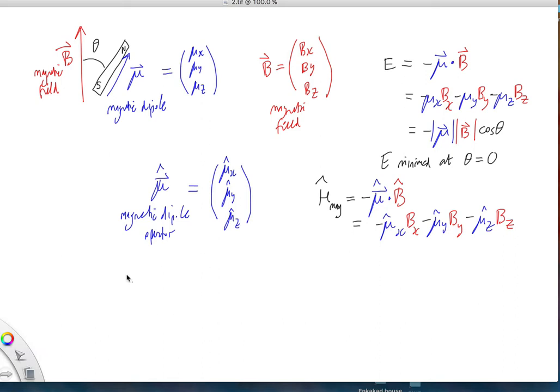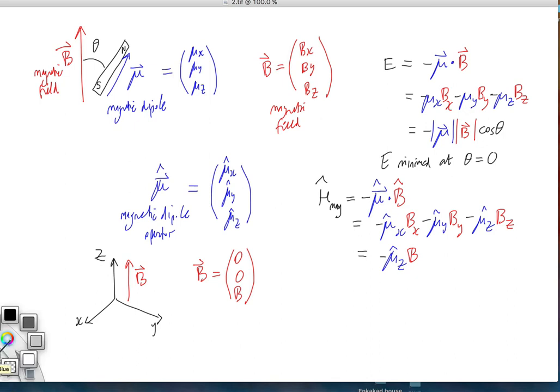Now suppose that we choose to put the magnetic field along the z-axis, then we write simply that the magnetic field is given by a vector with three components, but only the z component is finite, and then this expression simplifies to minus mu z B, where B is the magnetic field along the z-axis. Now the Einstein-de Haas effect tells us that there's a link between the angular momentum and the magnetic moment.